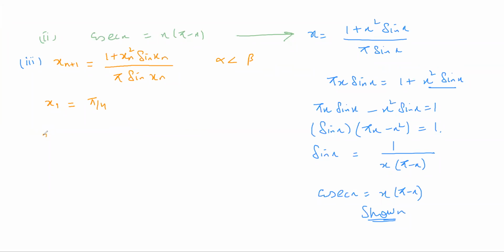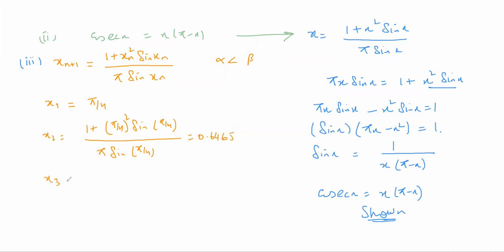Now this is going to be x2. So this is 1 plus (pi by 4) whole squared, sine pi by 4, over pi sine pi by 4. I have this as 0.6465.